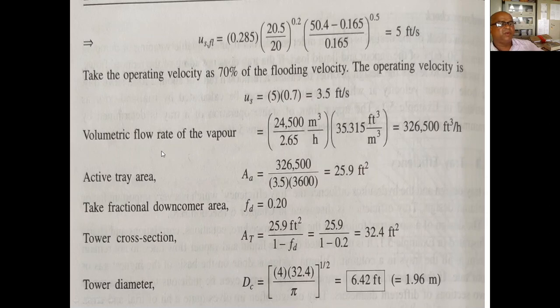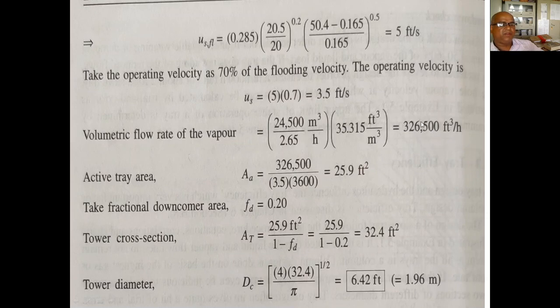Okay. Now the volumetric flow rate of vapor is this meter cube per hour. This is the density, because this is kg per hour, and this is the conversion factor, meter cube to feet cube, so this is feet cube per hour.